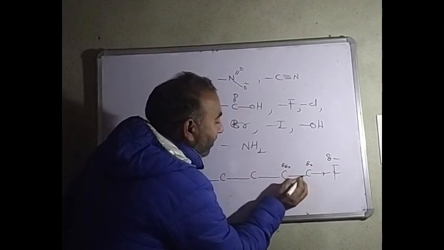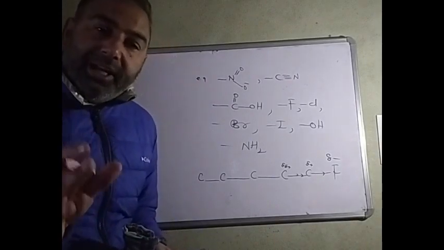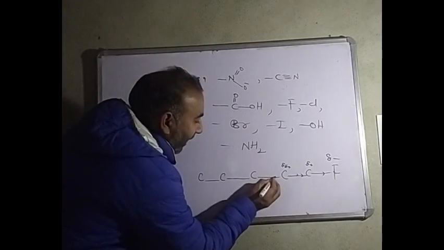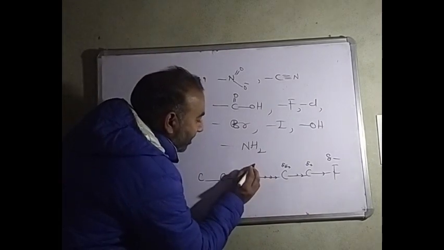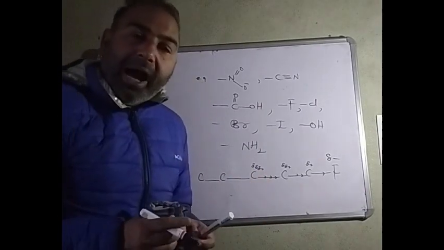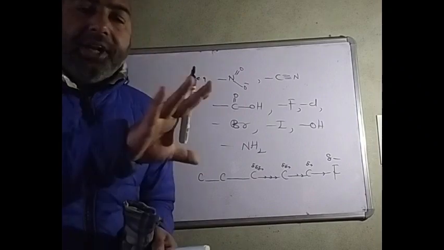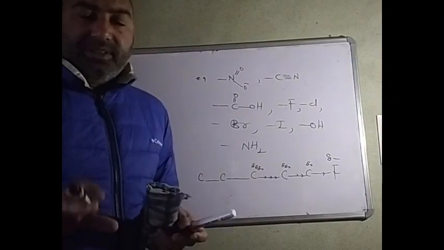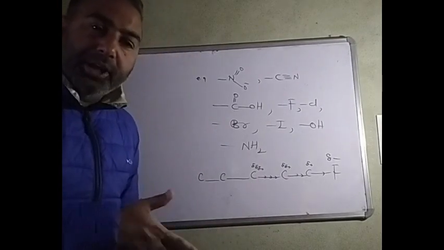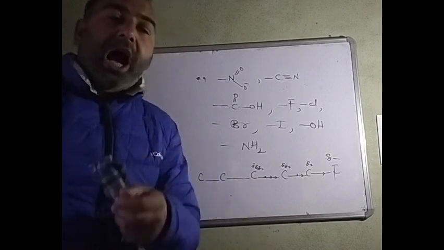And the second carbon will also attain slightly lesser positive charge than the first carbon. And carbon number three will also attain partial positive charge. Beyond 3 carbons, inductive effect is not observed. It is observed up to 3 carbons, creating polarization, creating separation of charge in the compound.